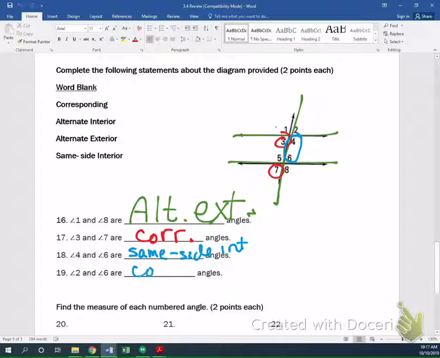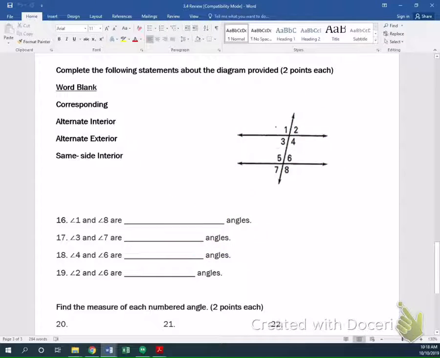So I think I was trying to trick you by not putting any alternate interiors. Alternate interiors would be 4 and 5 or 3 and 6. Yeah. I had 19 corresponding too. Mm-hmm. I had alternate interior. Oh, yeah. Trying to trick you. It doesn't say everyone has to be used, or it doesn't say you can't use it more than once. All right, questions? Let's finish this up.